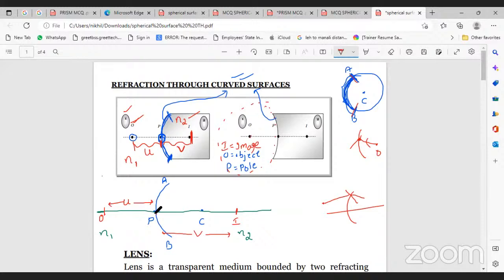Radius of curvature. Got it, Varsha? Yes, sir.